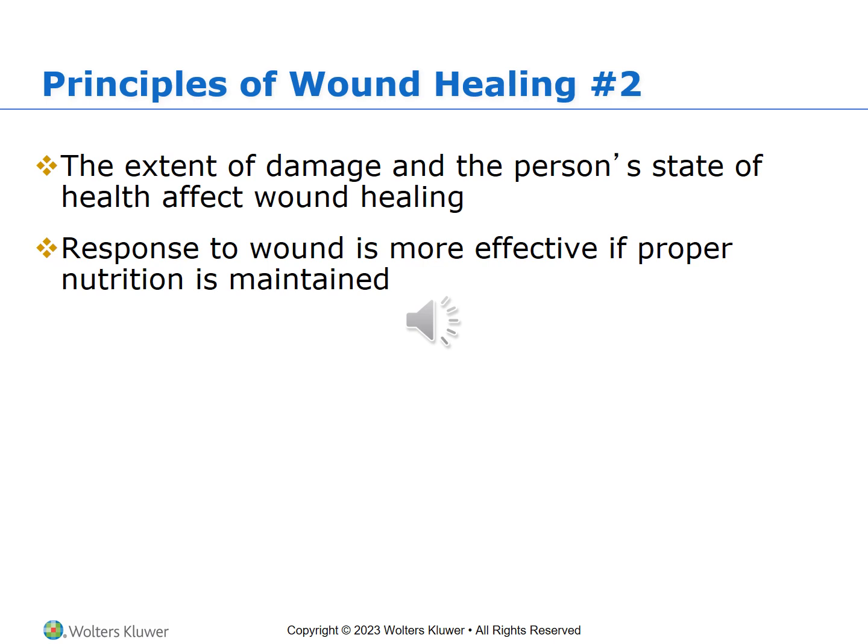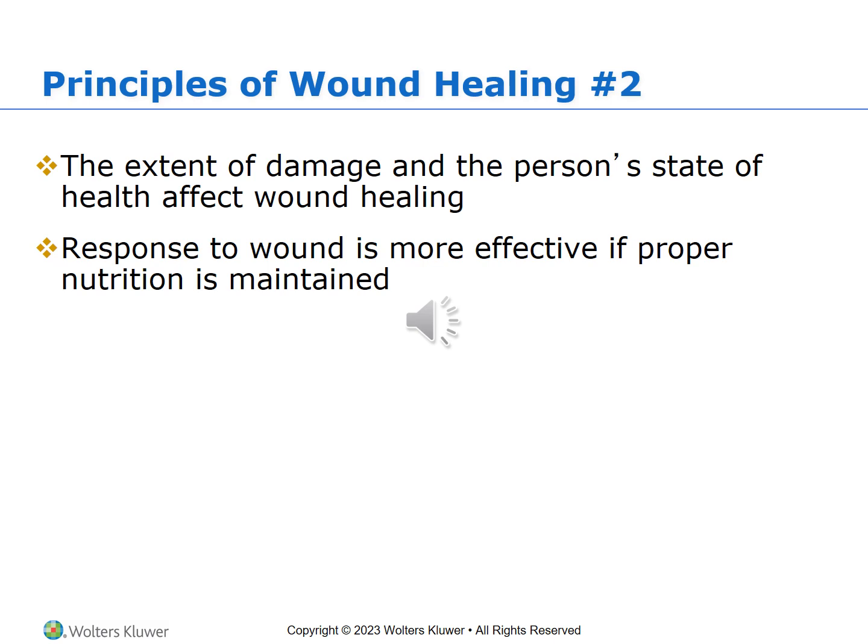The response to a wound is more effective if proper nutrition is maintained. And then these last three bullets are actually under maintaining nutrition. Malnourished patients are at a greater risk for developing wound infections.